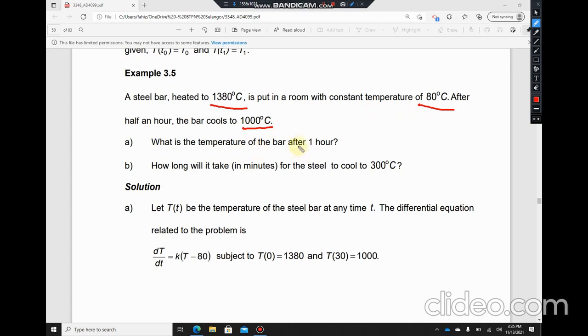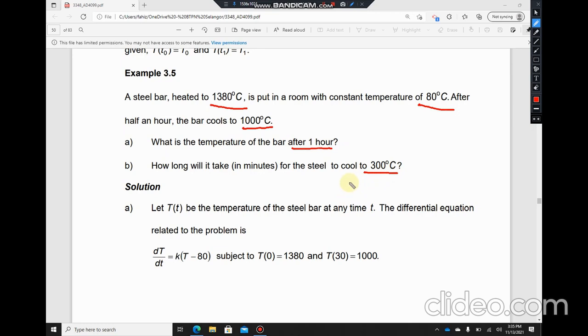What is the temperature of the bar after 1 hour? And then another question: how long will it take, in minutes, for the steel to cool to 300 degrees Celsius? So first of all, we need to write the information that is given.